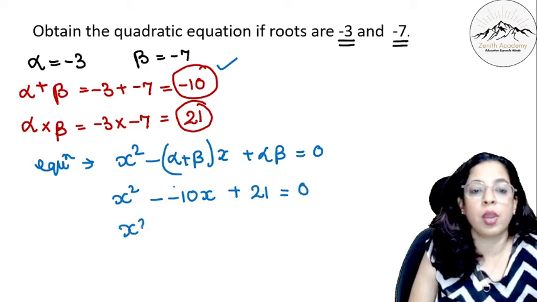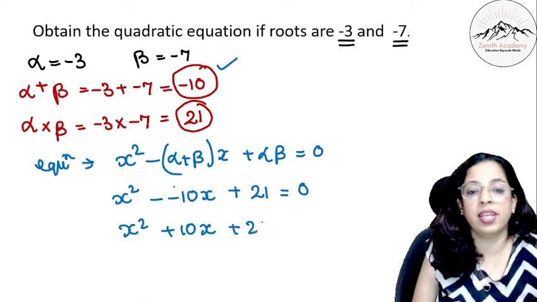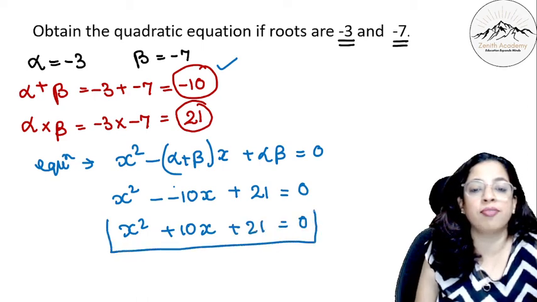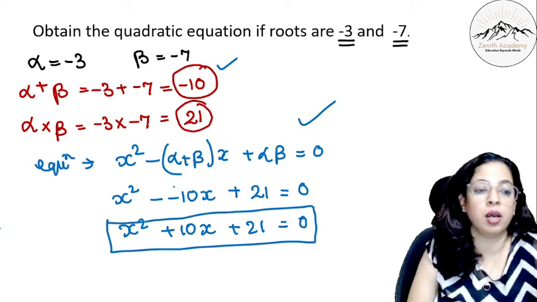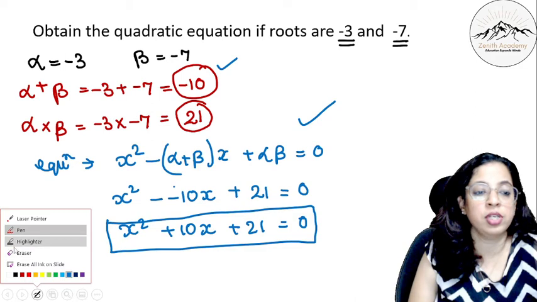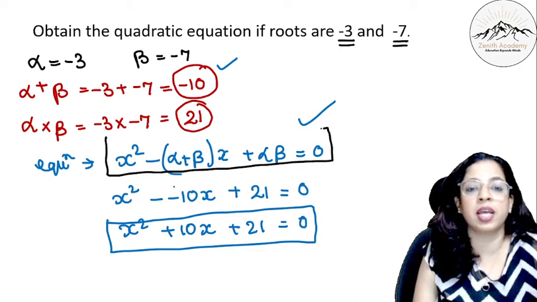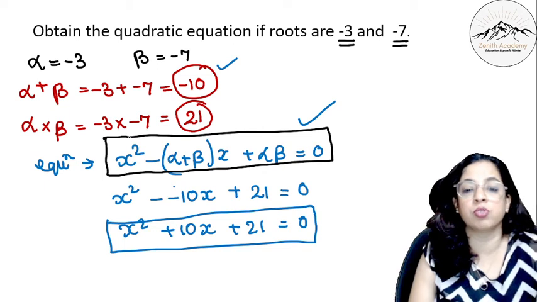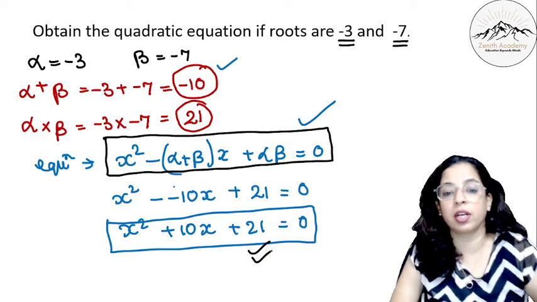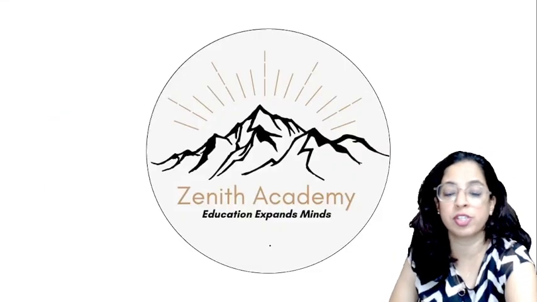So x square plus 10x plus 21 is equal to 0. So if we know the roots, we can directly form the quadratic equation by using this formula. Okay, students? So by using x square minus alpha plus beta x plus alpha beta equal to 0, we can form the quadratic equation. Let's solve some more questions.